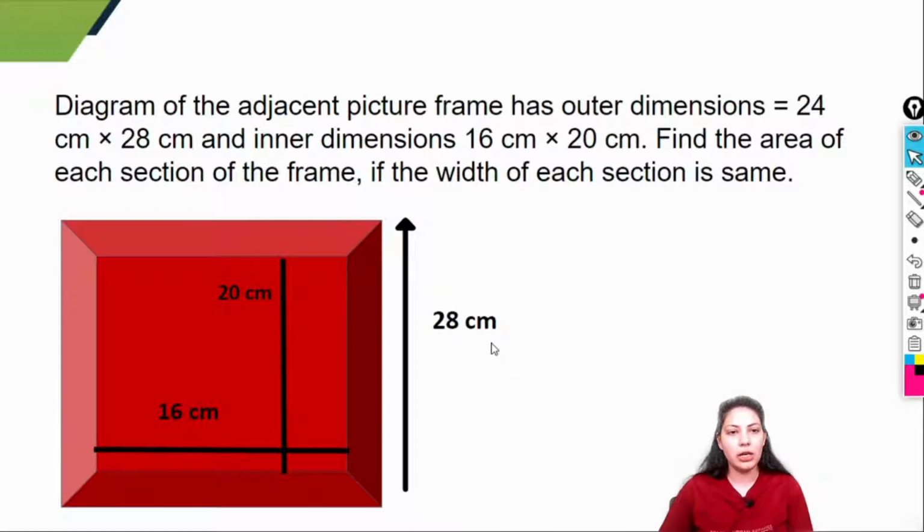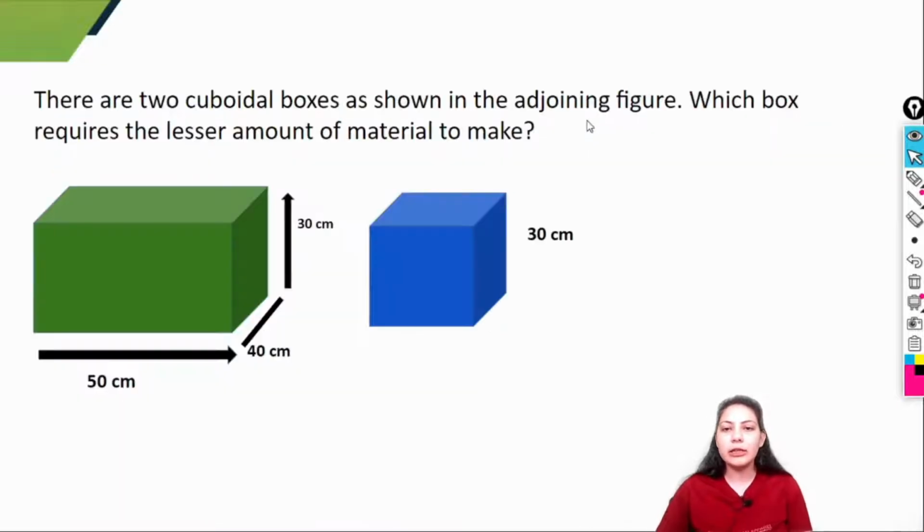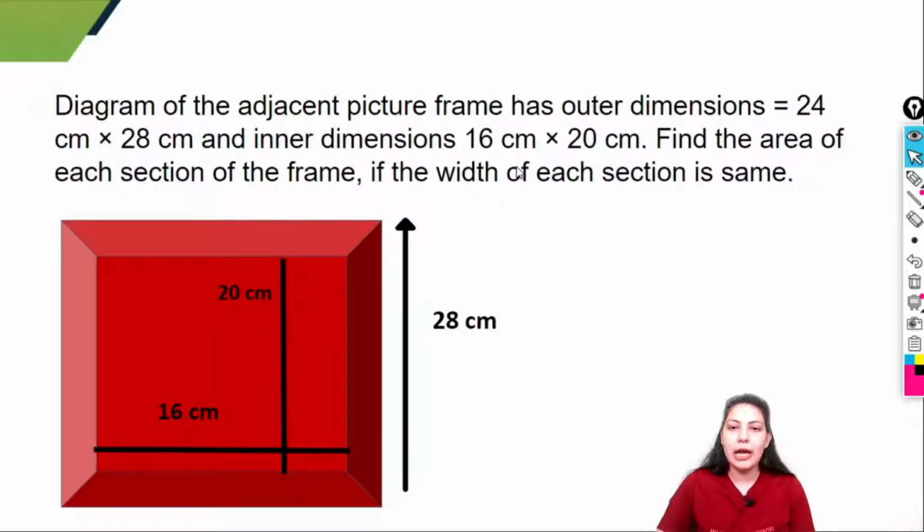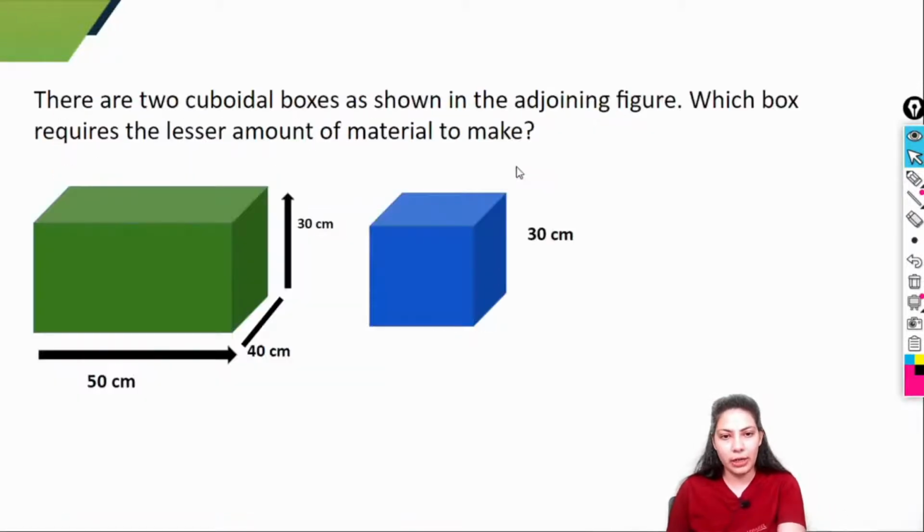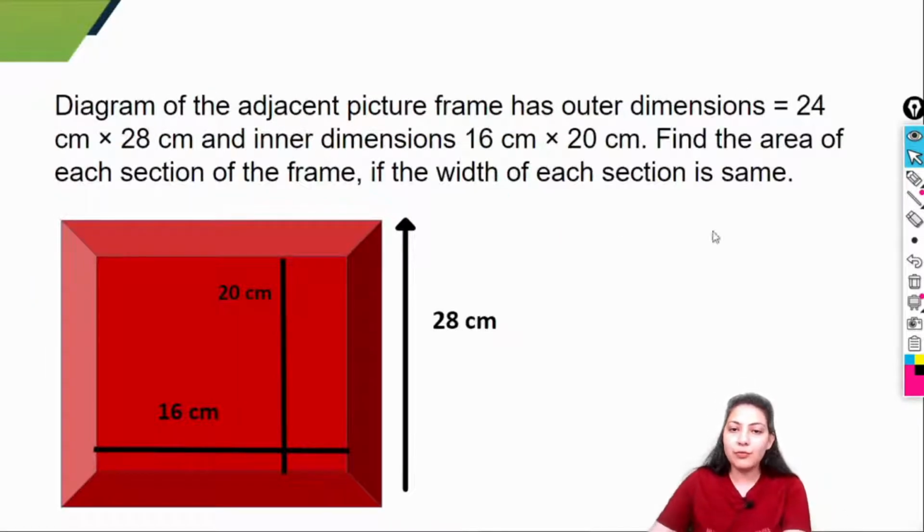Okay, next question. So the diagram of the adjacent figure, that is this picture frame, has outer dimensions equal to 24 centimeter into 28 and inner as 16 into 20. So find the area of each section of the frame if the width of each section is same.